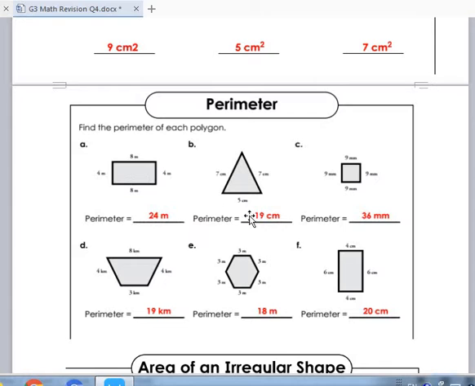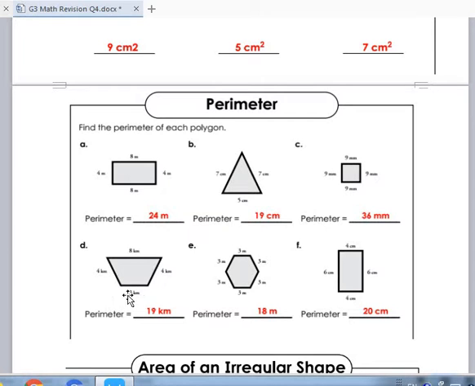In the triangle, the perimeter is the sum of all outside lengths. Here I have 7 plus 7, 14 plus 5, 19 centimeters. In the square, the perimeter equals 9 plus 9 plus 9 plus 9, or 9 times 4, because the side is repeated 4 times.